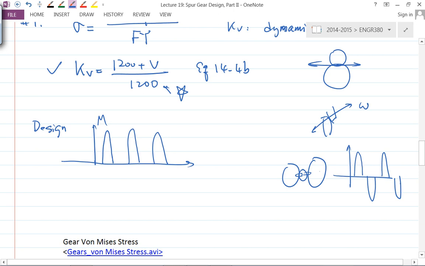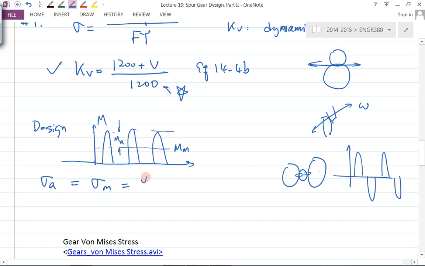But anyway, if I'm looking at this one here, this is the bending moment, and the amplitude is basically half of this. So this is MA, and then in the middle is MM. So you can always get sigma A and sigma M using the MA and MM, right? As a matter of fact, in this case, we can consider them the same value, sigma A and sigma M. What is the value then?